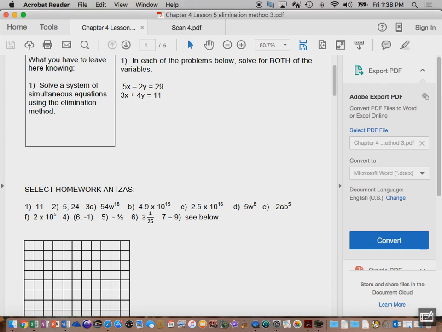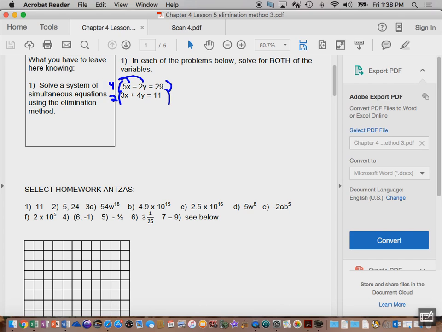What I can always do, I love to find when signs are different. I can always multiply the top one, now I'm doing the y's, by whatever the number is here, namely 4. And then I can multiply the bottom one by whatever the top number is, namely 2. That will always work. Watch what happens.